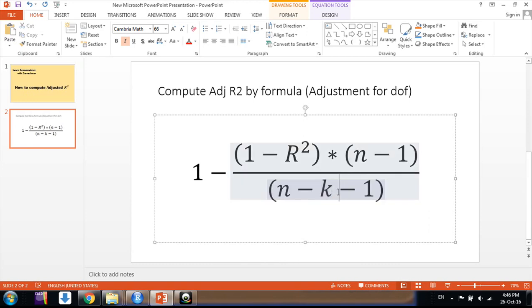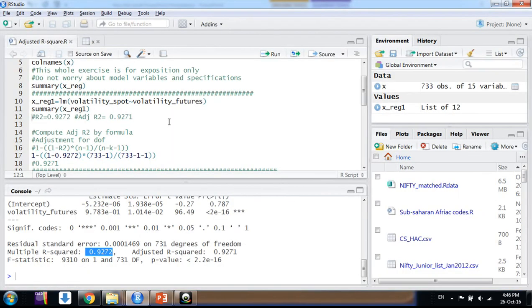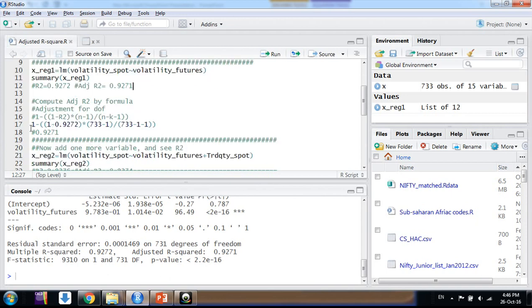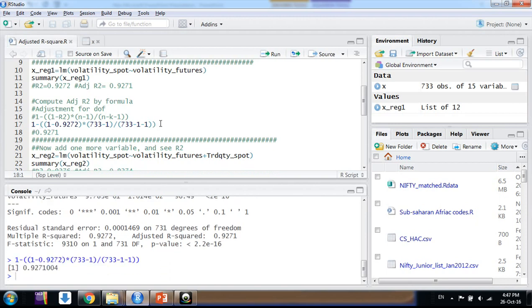Here I have only one regressor, the volatility of the futures market. So when I use this formula, I compute the value 0.9271, which matches what is shown here.